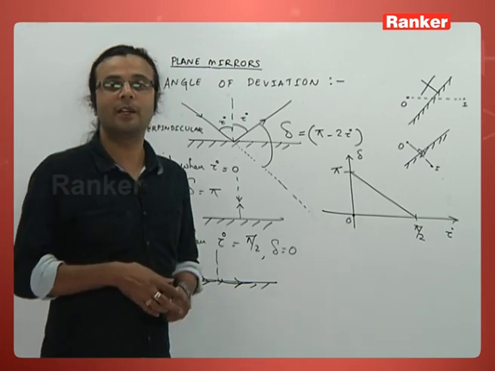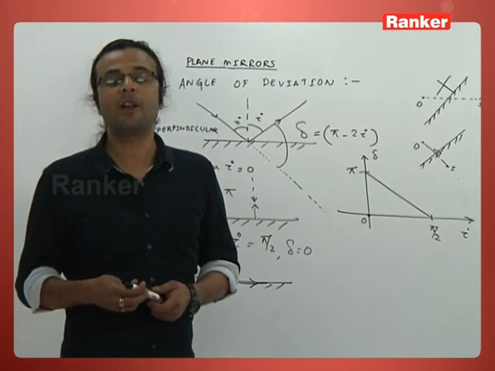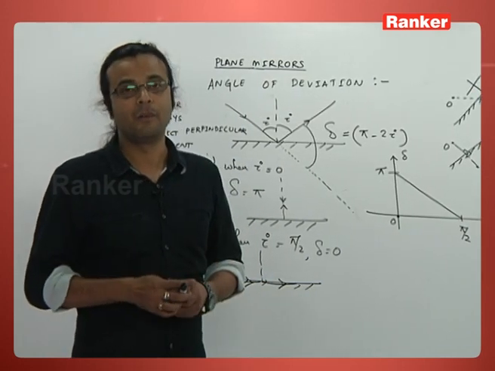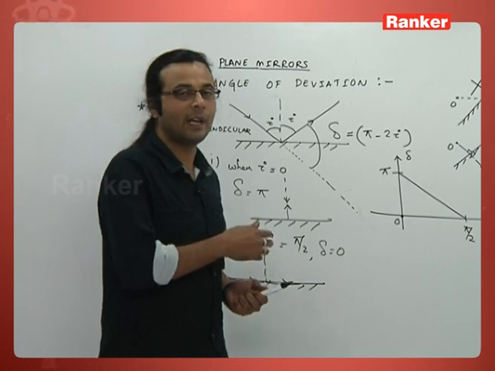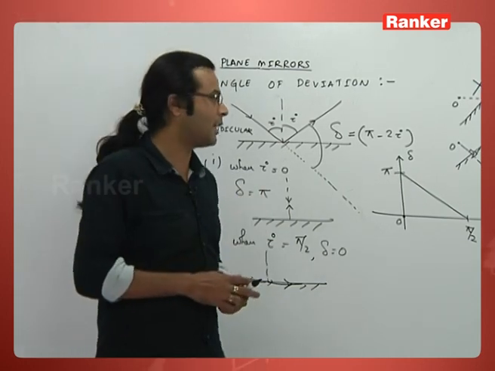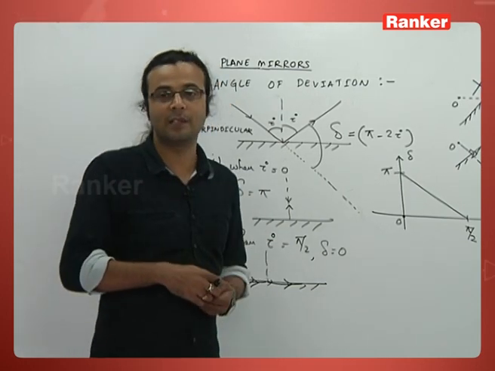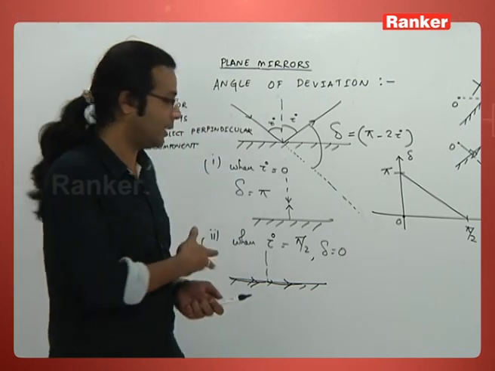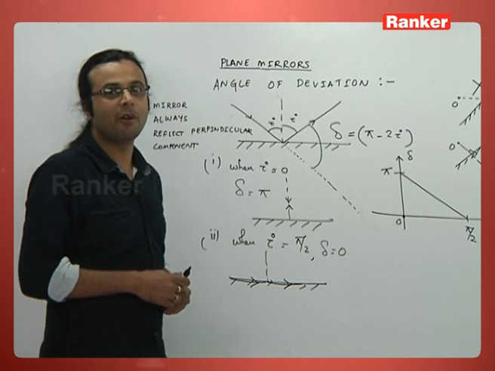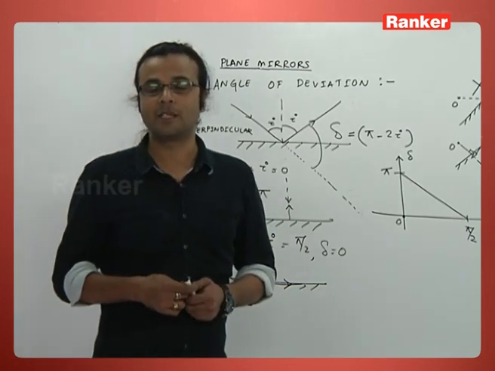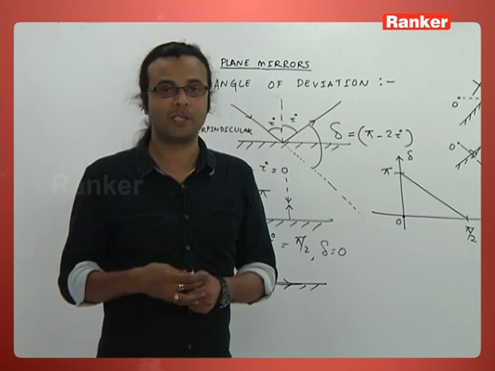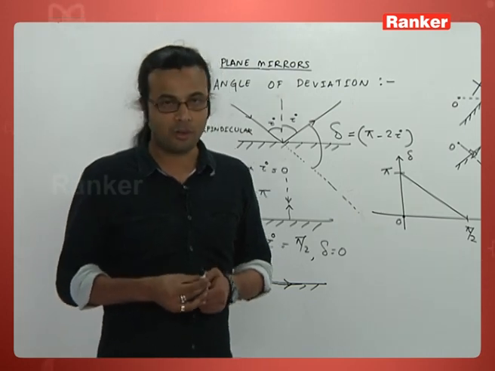In the next segment we discussed the number of images formed, and an idea of adding all those angles and the angle between the mirrors. If it comes out to be 360 degrees, then the images coincide, and if it does not, the images will not coincide.